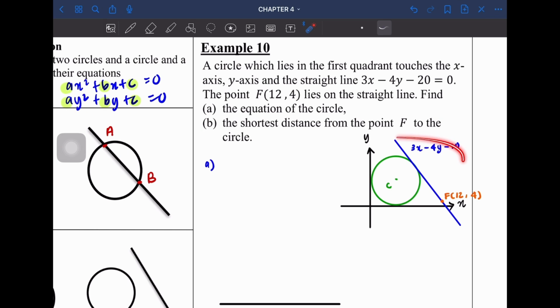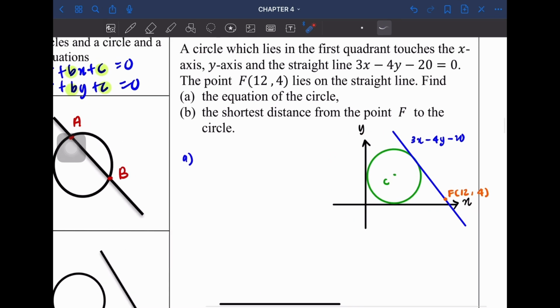So look at your circle graph. Actually from here we can know the center. Notice that from the center to the circle, it is length r, which is the radius. So from here to the center is also r.